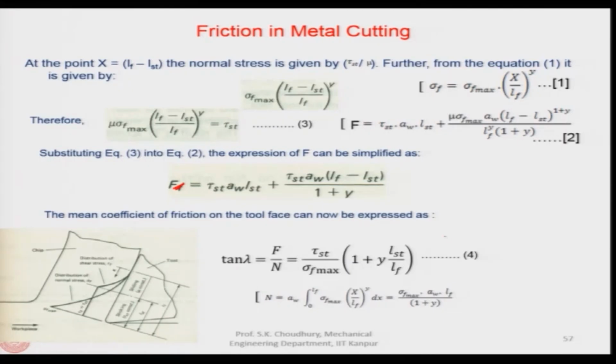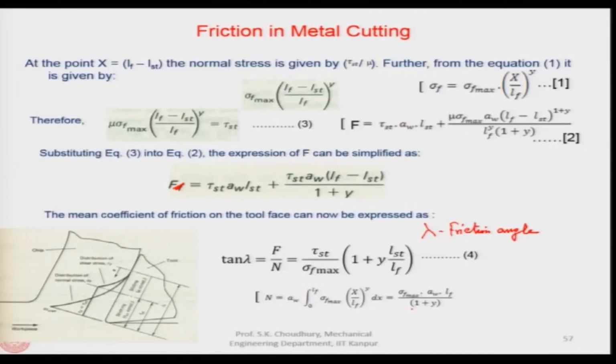So, then lambda is friction angle, and the tan of lambda is F by N. This is the shear force, this one, and the N is the normal force.